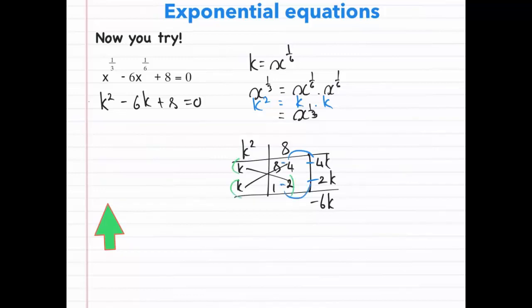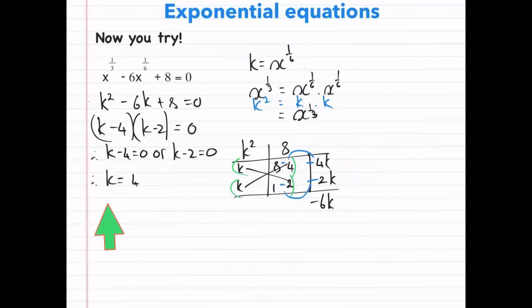Those two go in brackets, those two go in brackets. So I've got k minus 4 and k minus 2 equals 0. So therefore k minus 4 equals 0, or k minus 2 equals 0. Therefore k equals 4 or k equals 2.